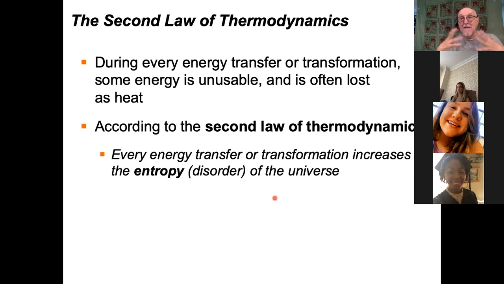Some amount of energy has got to be degraded to a lower form of energy to contribute to the entropy of the universe, to the disorder of the universe. We see that because we produce heat. The primary waste product of all of these energetic reactions is that some of it is lost as heat, and heat is not biologically useful. We can't take heat and use it to build molecules, for example.